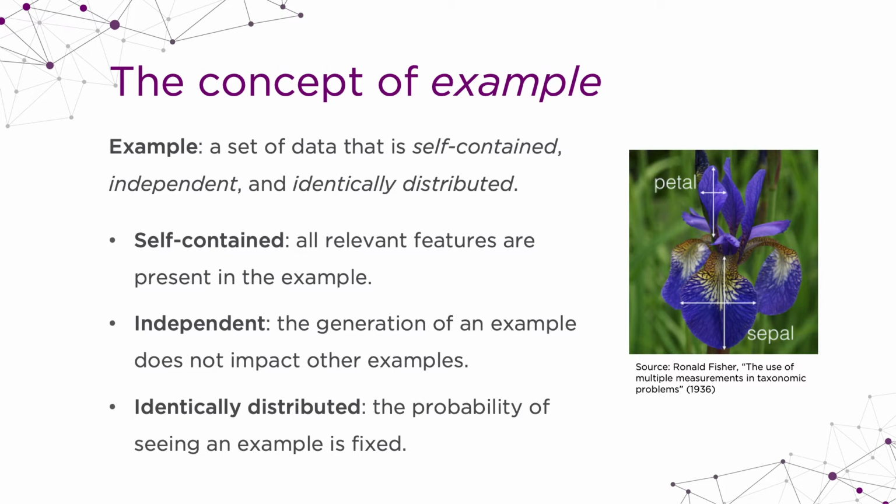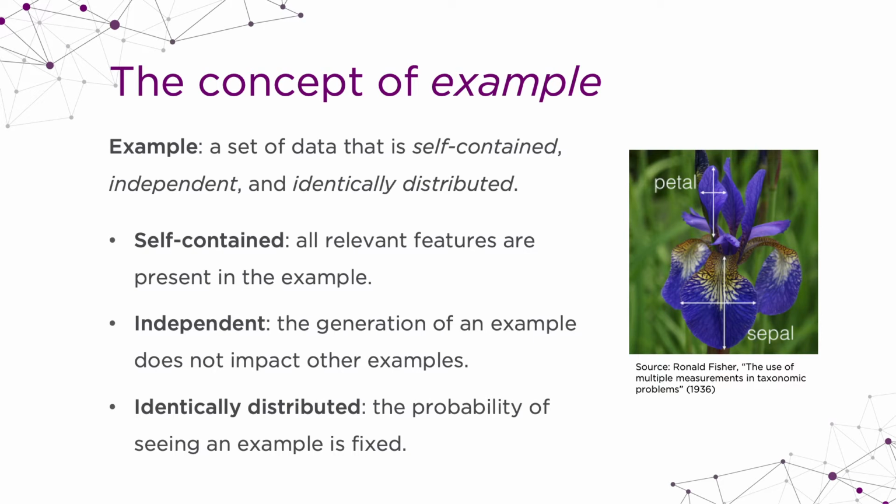The petal width and the petal height will have the same distribution in your garden, but if you go to another place, maybe the distribution will not be the same. And it's just because the underlying process that is generating the flowers is not independent.